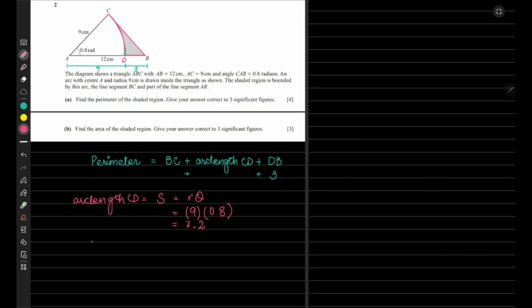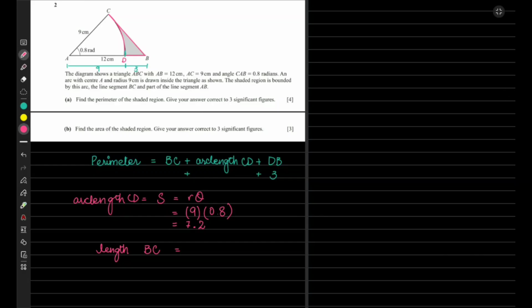Second is length BC. We have a triangle ABC in which we know two sides and one angle.